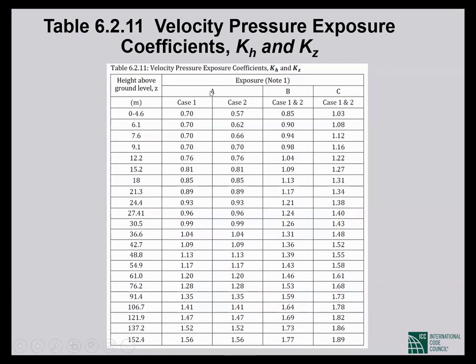So this is exposure A, this is B, this is C. Case 1 and case 2: one is for main wind force resisting system, one is for components and cladding. For exposure B and C, there is no difference between main wind force and component and cladding. But for exposure category A, there is a difference between main wind force resisting system and components and cladding, only up to a height of 15.2 meters. After that, the numbers are all the same. So this is K sub H, K sub Z.